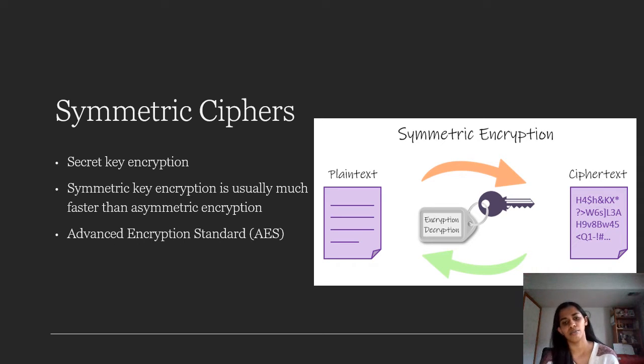Symmetric key encryption is usually much faster than asymmetric encryption, and the most used symmetric cipher is the Advanced Encryption Standard, also called AES, which is designed to protect government classified information.